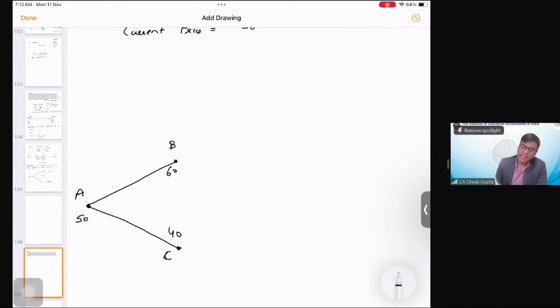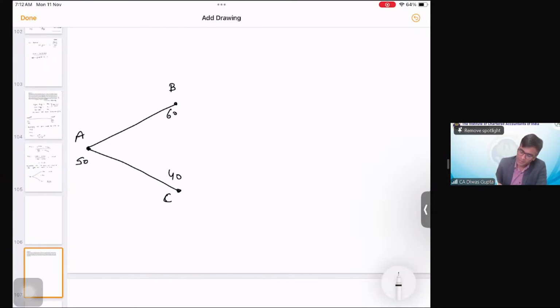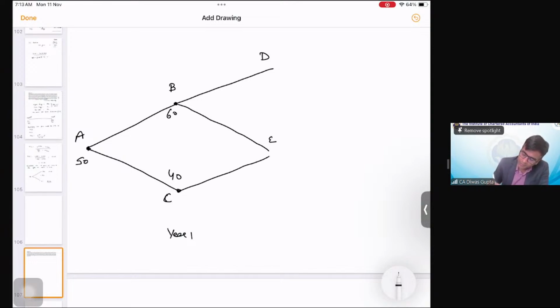Now, again, this 60 has two chances. So this is year one. Now, from year one to year two, can anyone tell me how much 60 can become? What are the two different values? Let's name it as D. Let's name it as E. Similarly, C will also become two different parts.